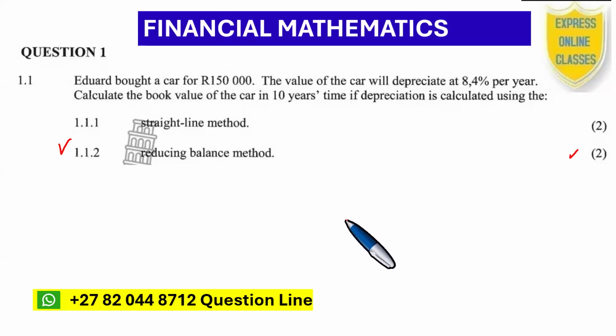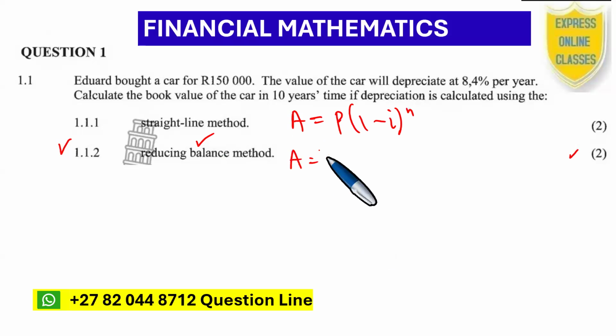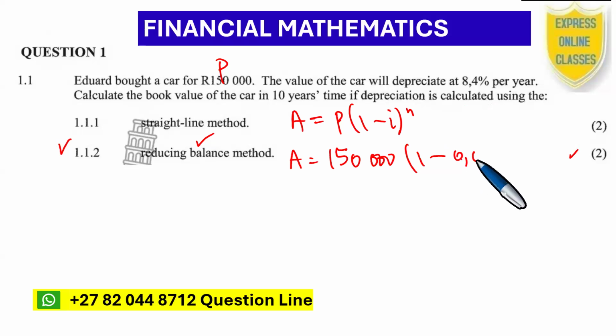62,380.09. Well done. So the reducing balance method is A = P(1 - i)^n. The principal P at which Edward bought the car was exactly 150,000. 1 minus i, where i is the interest rate of 8.4%, you divide it by 100, and you get 0.084, raised to the number of years, which is 10.